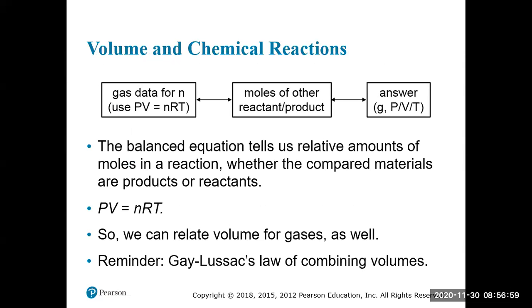When we talk about chemical reactions of gases, similar to solution reactions, we'll have a balanced equation, and the stoichiometry of that balanced equation tells us the relative amounts of moles in the reaction. For gases, it's no different than for the other balanced equations that we did before.